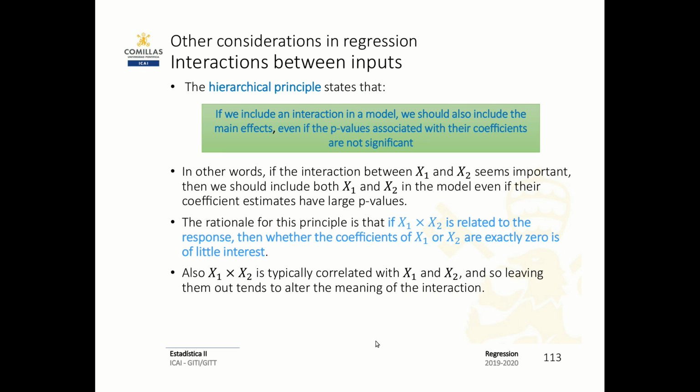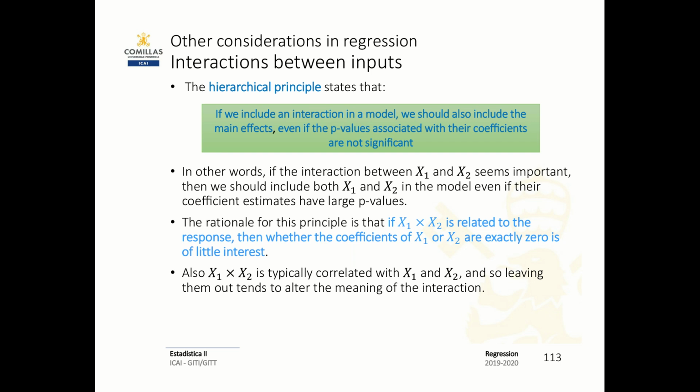When we fit these interaction models, with these interaction terms, it applies something called the hierarchical principle. That is, if we include an interaction in a model, we should also include the main effects, even if the p-values associated with their coefficients are not significant.